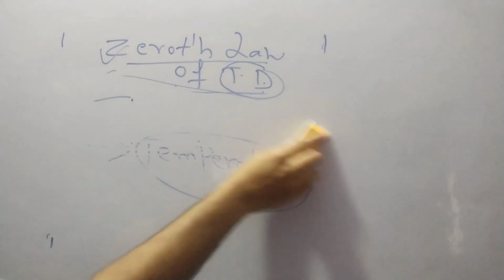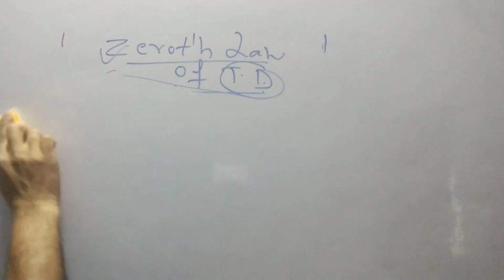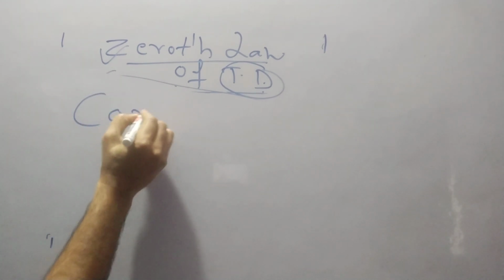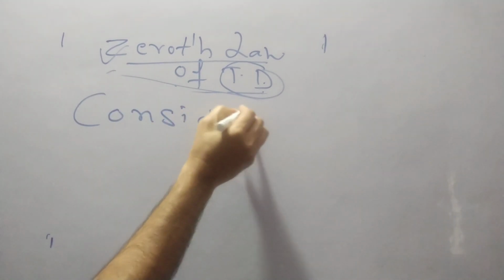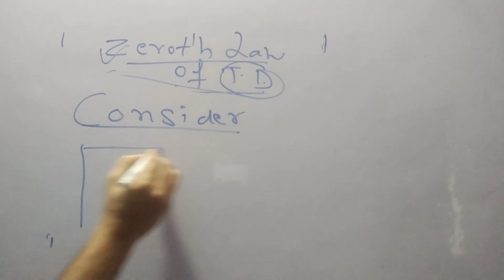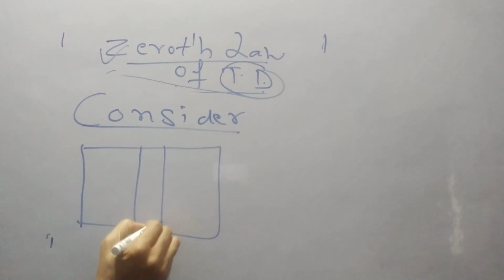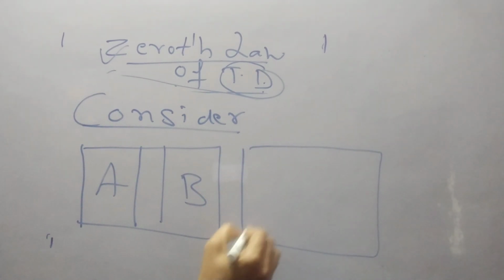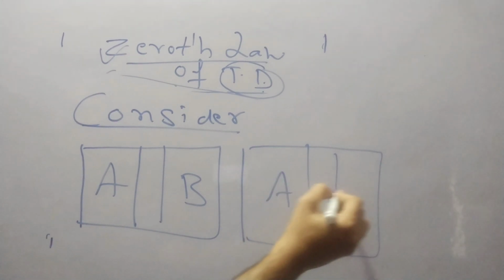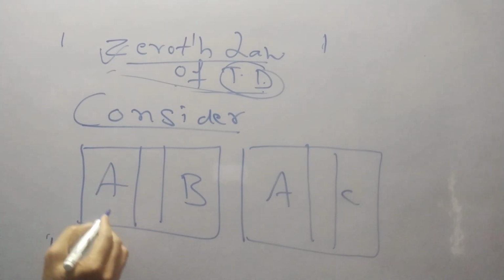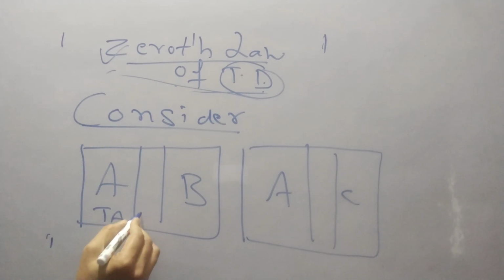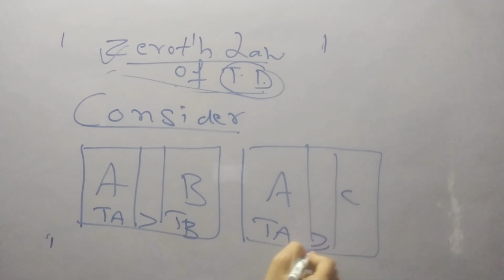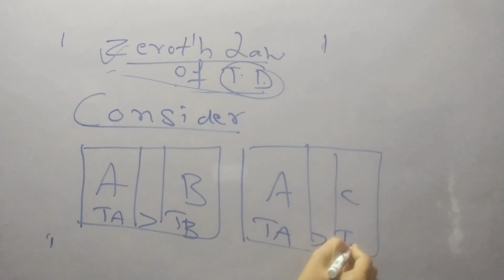Now we'll define this zeroth law. First you have to consider two systems, A and B, and two more systems, A and C. Here temperature TA is greater than temperature TB, and TA is greater than TC.